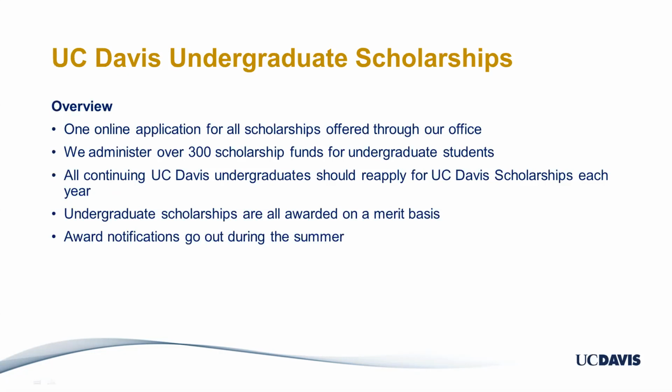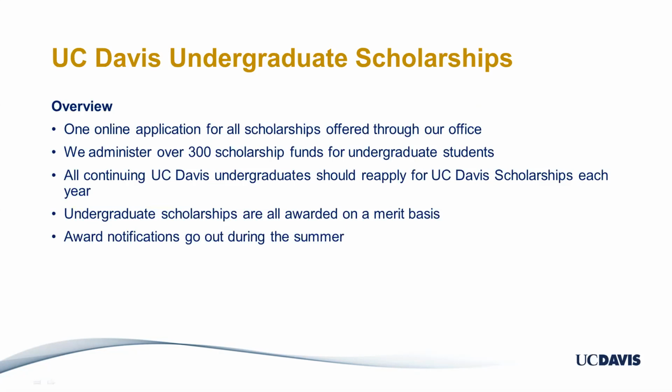If you're an incoming freshman or an incoming transfer student, you actually didn't need to complete an application to be considered for scholarships for your first year on campus. That is going to be different for the rest of the time that you're on campus. You have to fill out an application through our office every single year to be considered for scholarships. It's in the fall, so it's happening right now.